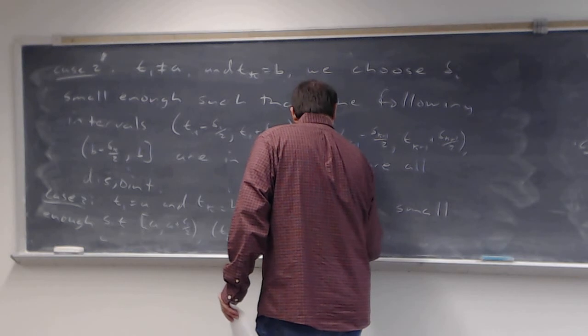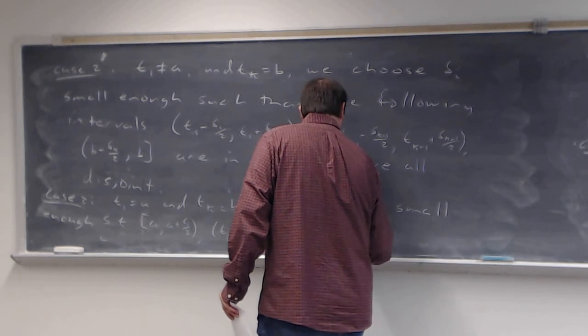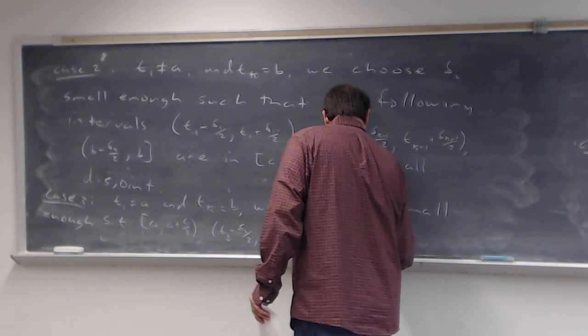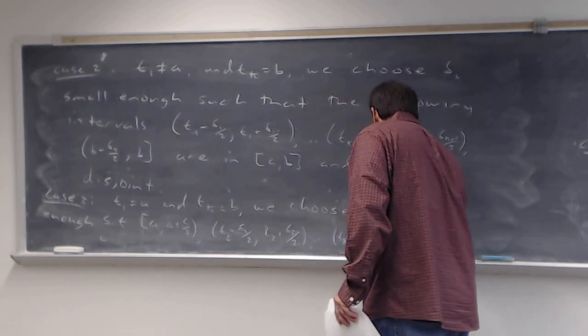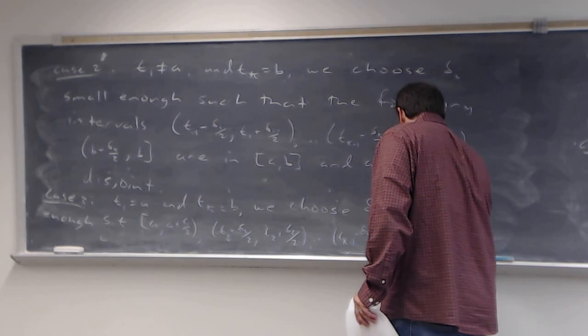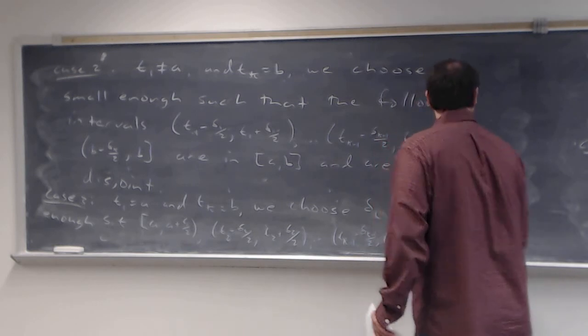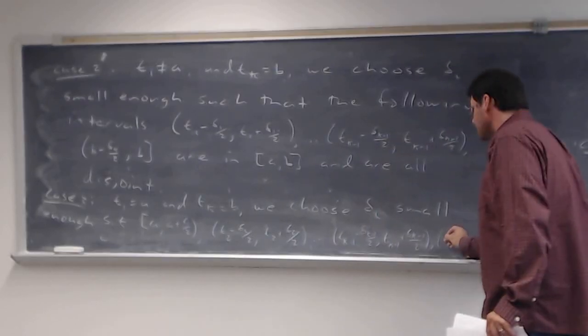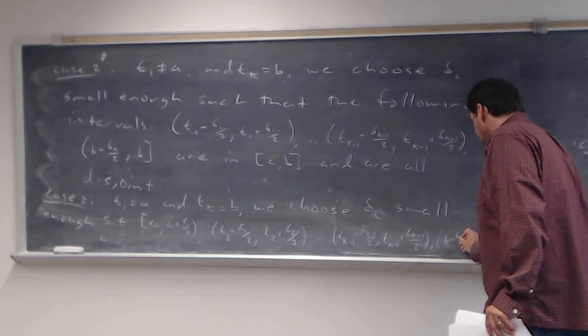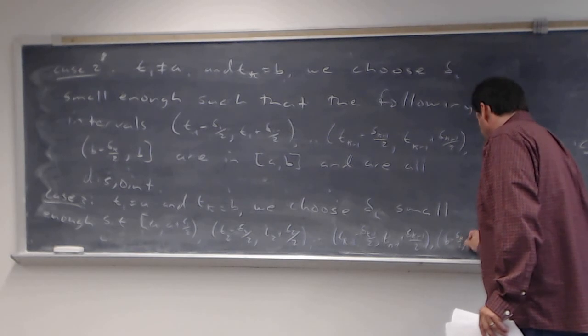All the way up to t sub k minus 1 minus delta sub k minus 1 over 2 up to t sub k minus 1 plus delta sub k minus 1 over 2. And then we have this last interval, which is, of course, b minus delta sub k over 2 up to b.